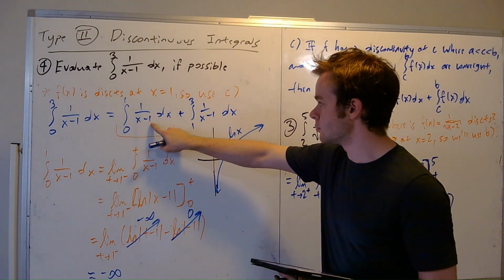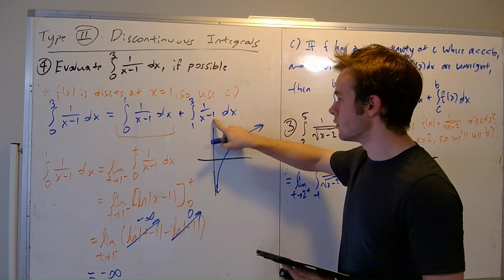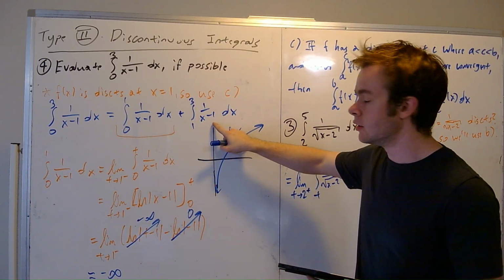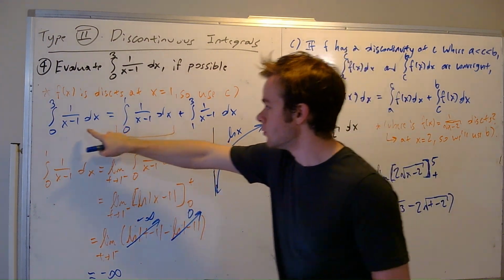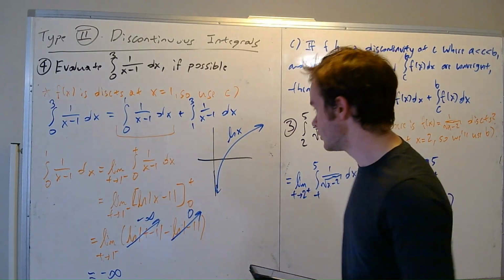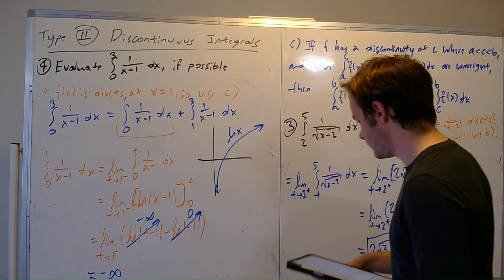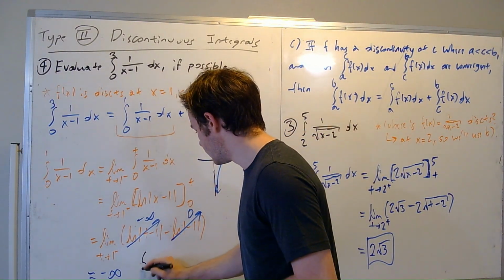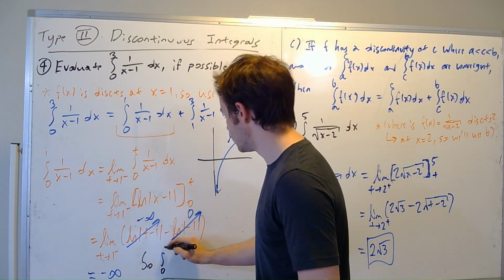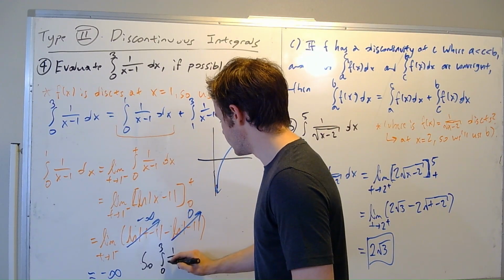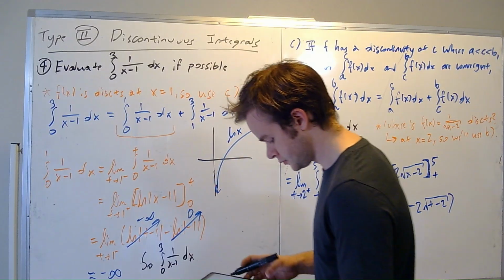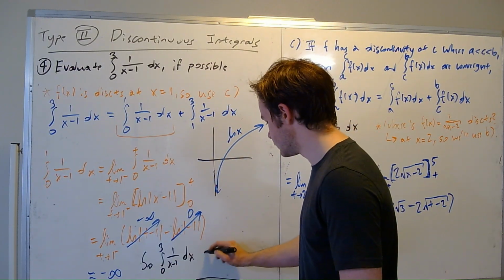So since this part diverges, this part also diverges. Or sorry, we don't know if this part diverges or not. But since this part diverges, we can say that the integral diverges because one of its parts diverges. So we can say here, the integral from 0 to 3 of 1 over x minus 1 dx diverges.